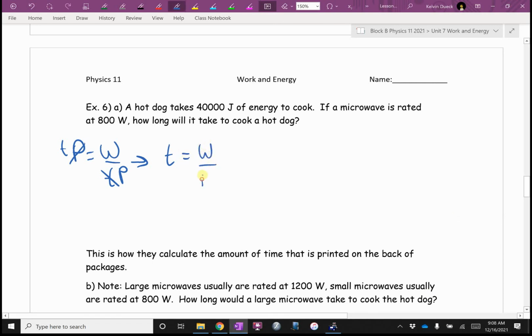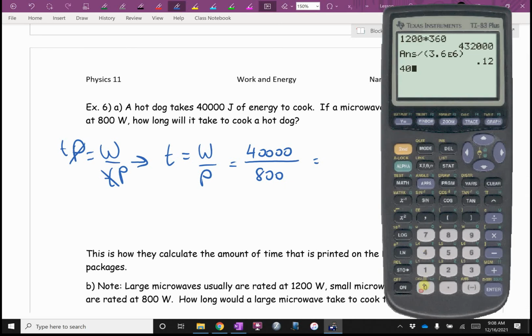Work over power. What are the units for work? Which means it's also energy. So I guess it's going to be 40,000 divided by 800. And I get 50 seconds.